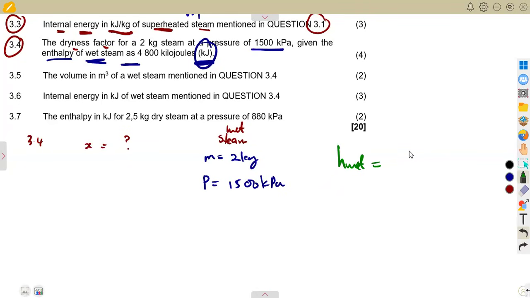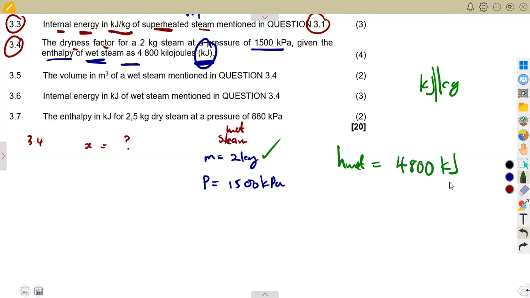Originally, it was supposed to be kilojoules per kilogram. But now it's no longer like that. They gave us this as 4,800 kilojoules, not per kilogram. Why? It is because of the mass involved.